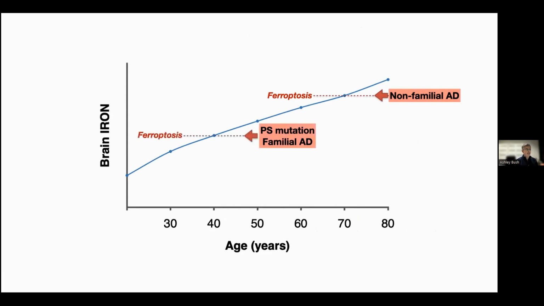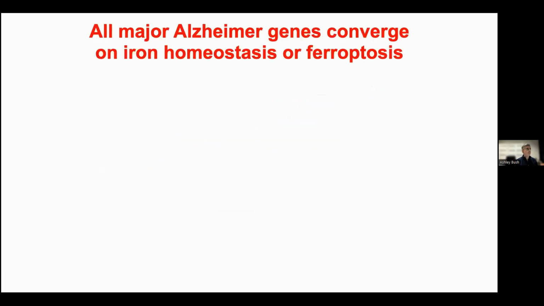But in the case of presenilin mutations causing familial Alzheimer's disease, ferroptosis becomes inevitable at a much earlier age. So we hypothesized that all major Alzheimer's genes converge on iron homeostasis or ferroptosis.